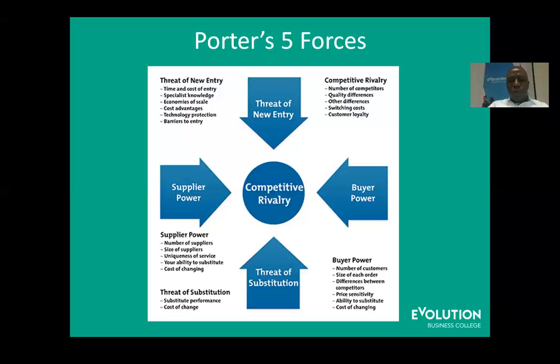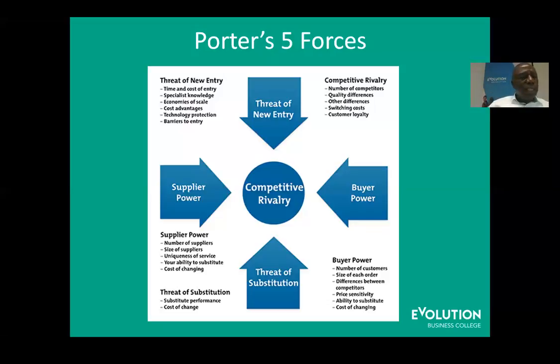So when you look at buyer power, we're saying, in short, do the buyers have the power over your business? There are businesses where consumers do not have control, do not even have power.